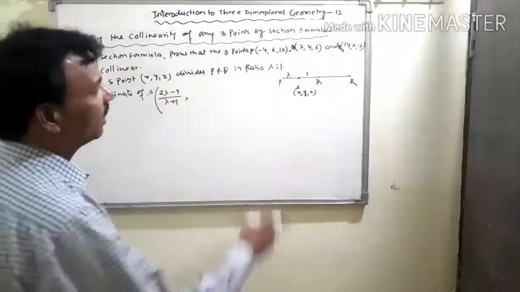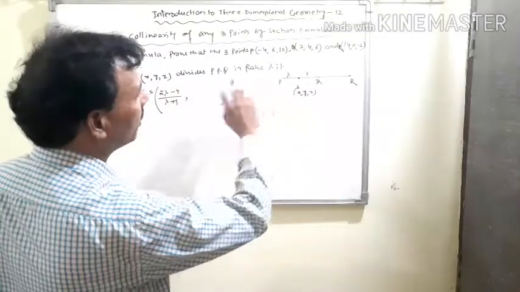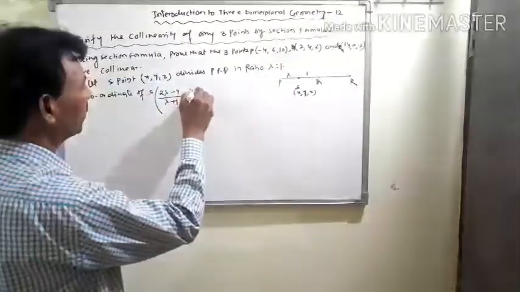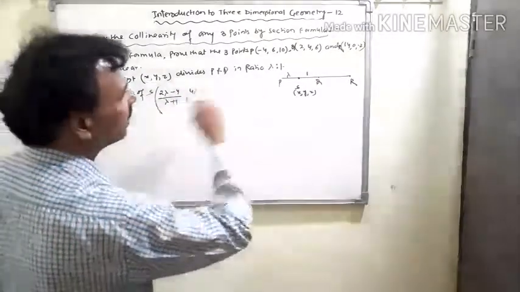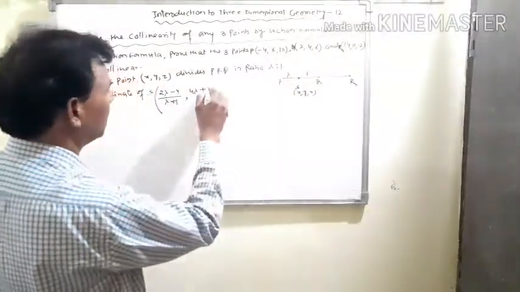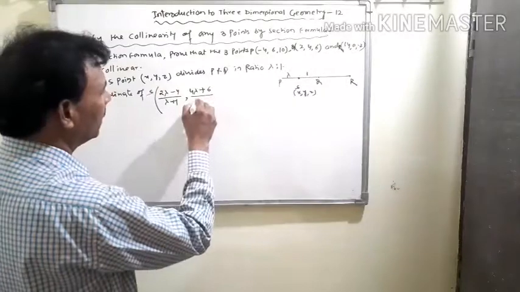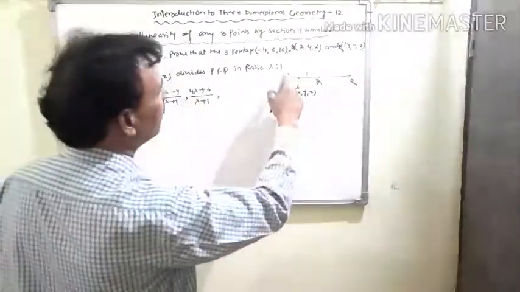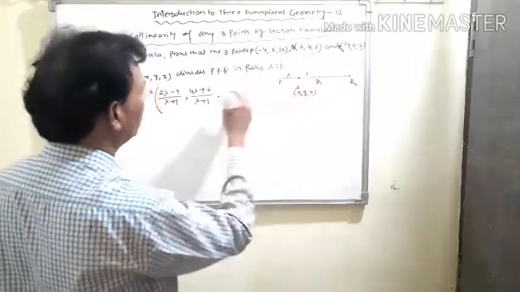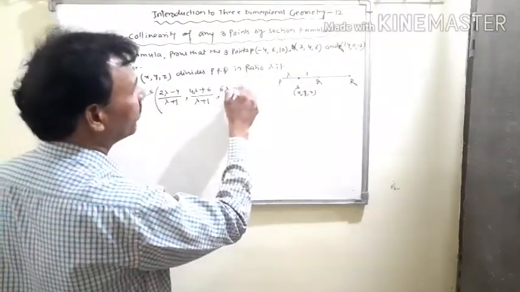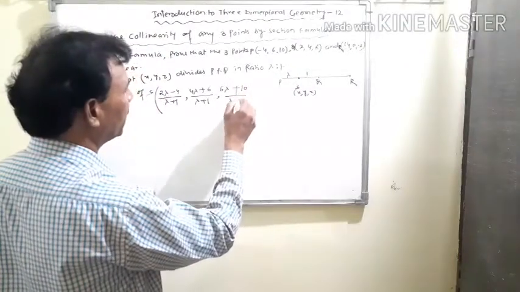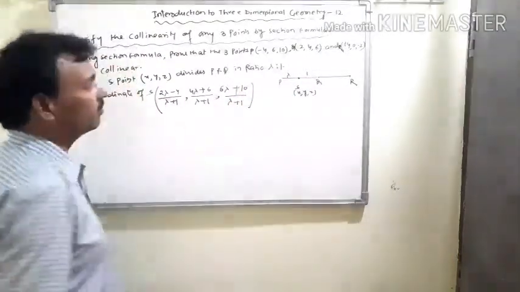This is the x coordinate. The y coordinate will be 4 into lambda, that is 4 lambda, plus 1 into 6, that is 6, whole upon lambda plus 1, and the z coordinate will be 6 into lambda, that is 6 lambda, plus 1 into 10, that is 10, whole upon lambda plus 1.